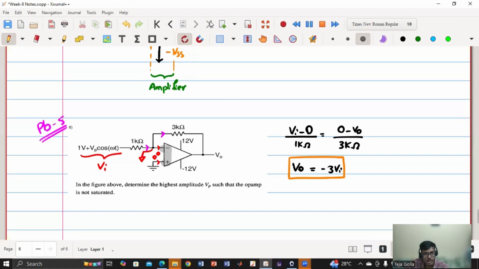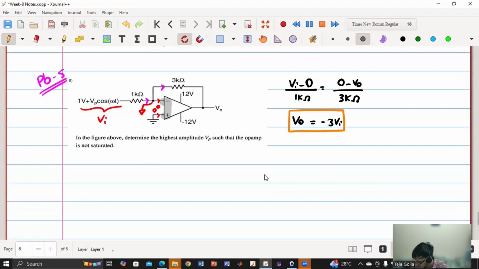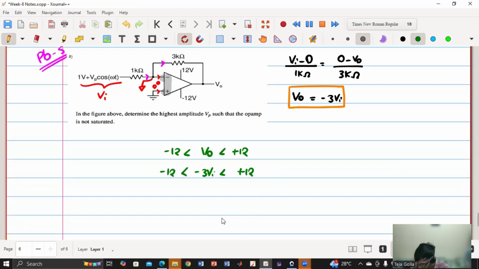Yes, sir. So now, they're saying the op amp is not saturated. So the condition is minus 12 less than V naught less than plus 12, which means minus 12 less than minus 3 Vi less than plus 12. If you simplify this, I'll get minus 4 less than Vi less than 4.